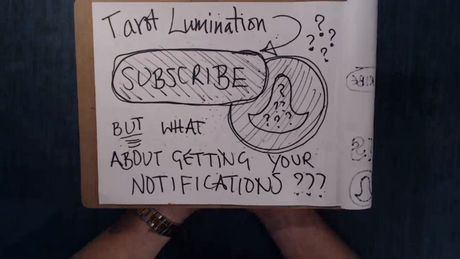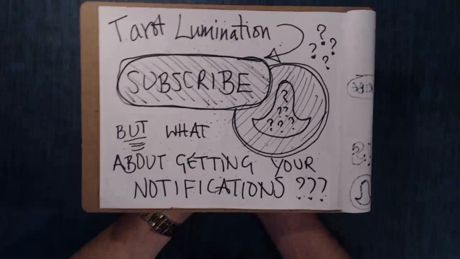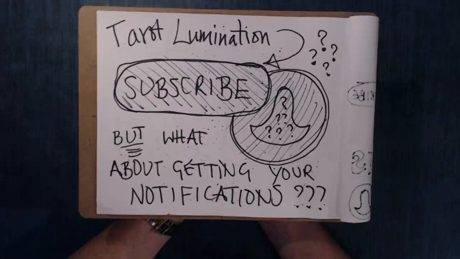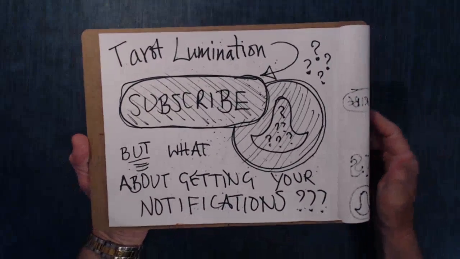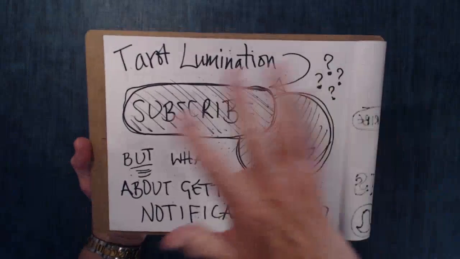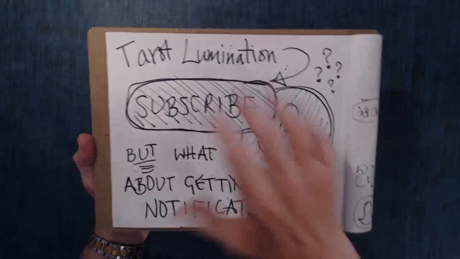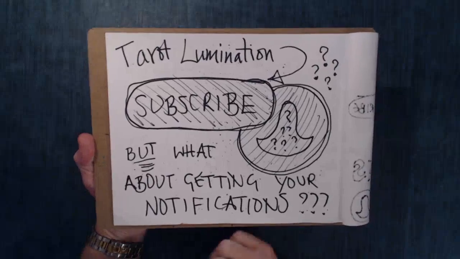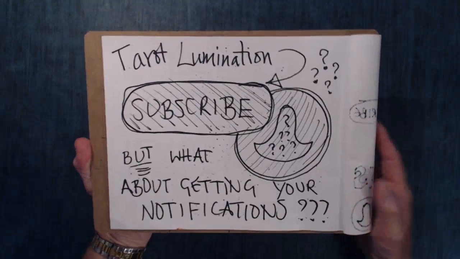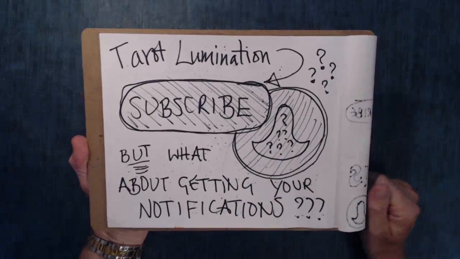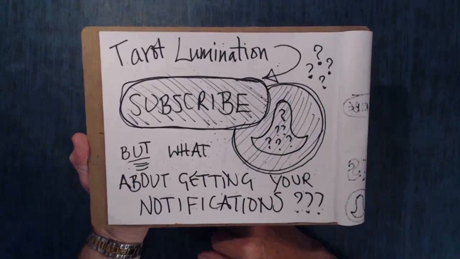So what about getting your notifications? Okay, let's go deeper. I'll try and explain. So let's say you figured out, I'm not getting anything from Tarot Lumination. What's going on? So you go back and look, how do I do this? You wouldn't know. There's nobody telling you. YouTube isn't sending billions of letters out to every viewer saying you have to go to your notifications button, because they can't cope with it as it is.